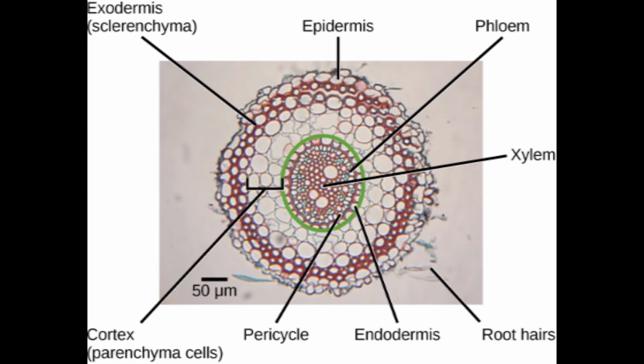The primary cortex consists of two layers: the outer layer, the exodermis, and the inner layer, the endodermis. The outer layer lies adjacent to the root epidermis. In monocotyledonous plants, the walls of these cells undergo suberization during root growth and begin to perform a protective function.